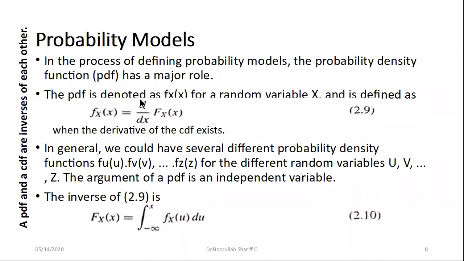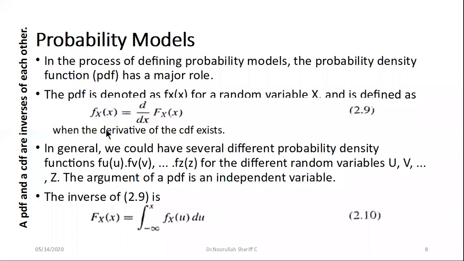So it is just a derivative, when it exists, right? The PDF is a derivative of the CDF, and the CDF is the integration of the PDF. The condition is when the derivative of the CDF exists.